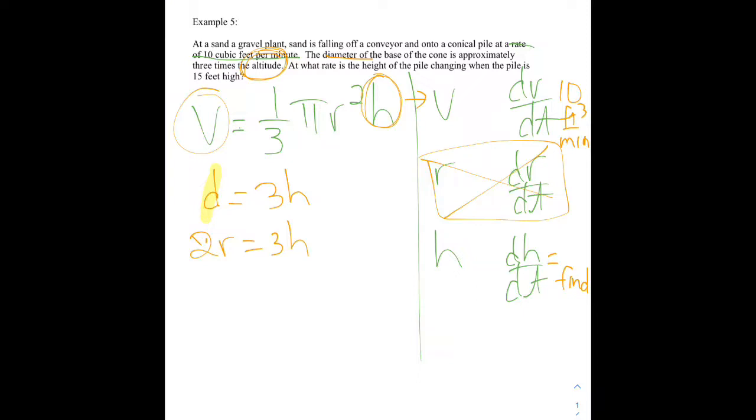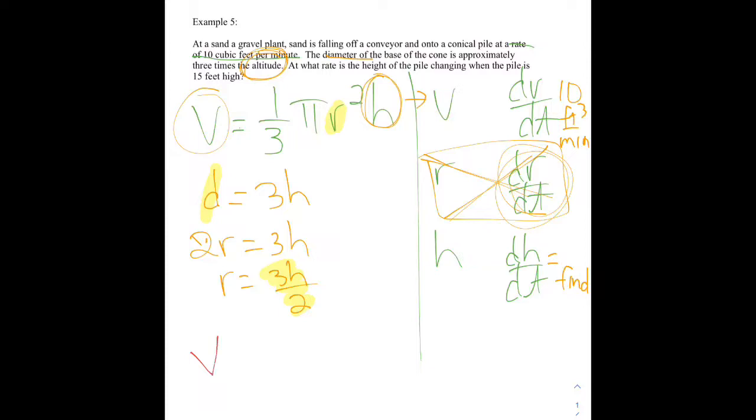And friends, we don't want r's. Why? Because they didn't give us any information about how the radius is changing with time. So how am I going to be able to put that back in at the end of the problem? So I'm going to solve for r. And in solving for r, I can now replace this r with 3h over 2.